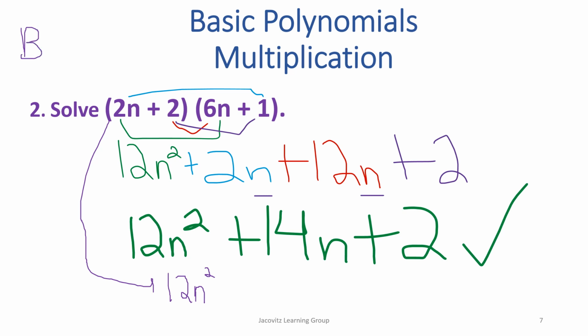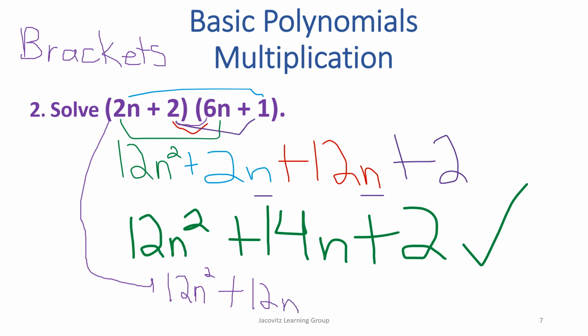So put up here your brackets. There is nothing here in the middle, so it's 12n squared. Then you can go over here and you can do this, which becomes 12n. You can take care of the terms that are here.